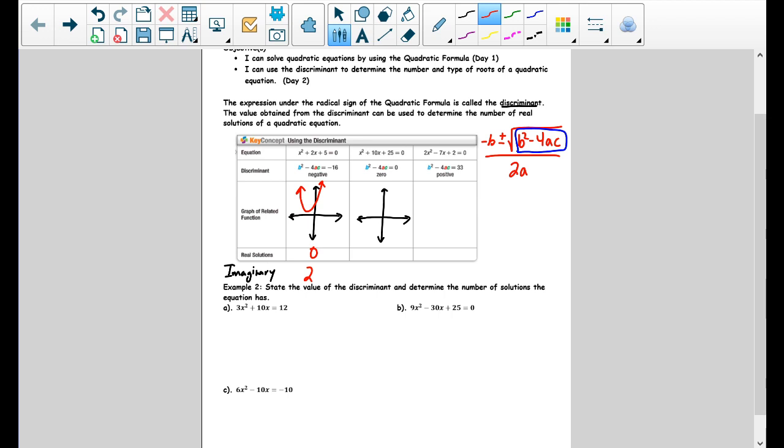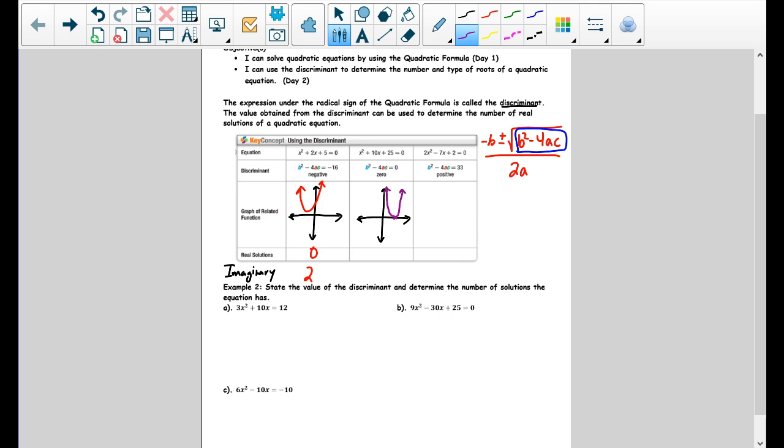Now, if we look at the second equation in our chart here, we have discriminant equals 0. So x squared plus 10x plus 25 equals 0. Now, that b squared minus 4ac equals 0. If it equals 0, like we saw in one of our other examples, again it's opening up, so this graph may come down, touch the x-axis, and right back up.